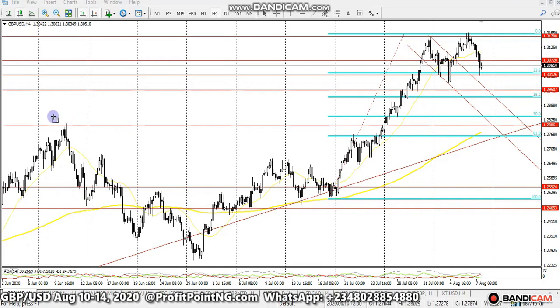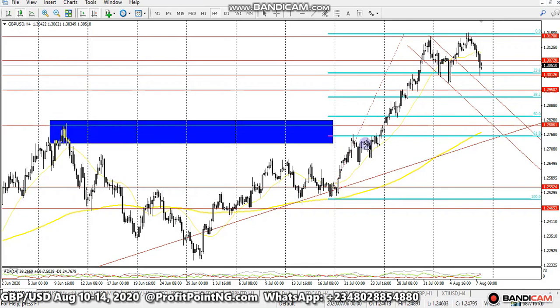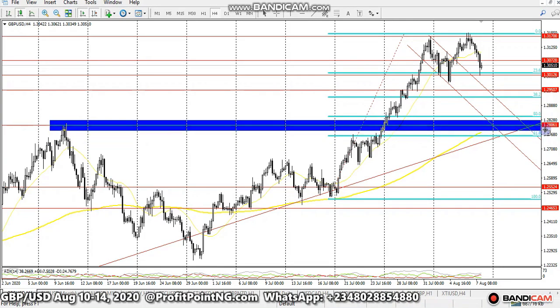GBP/USD might go down to retest this previous supply zone, which it broke through last two weeks.